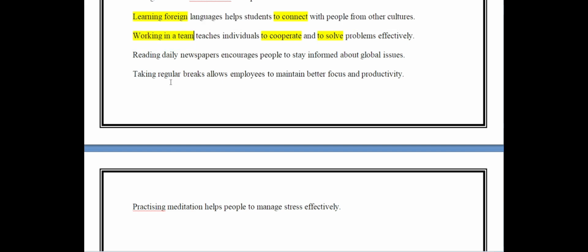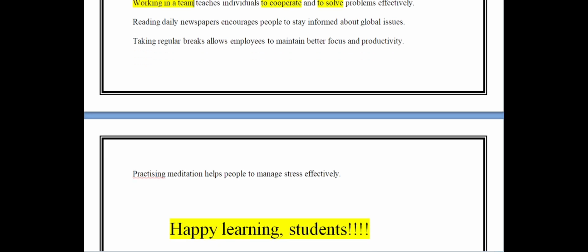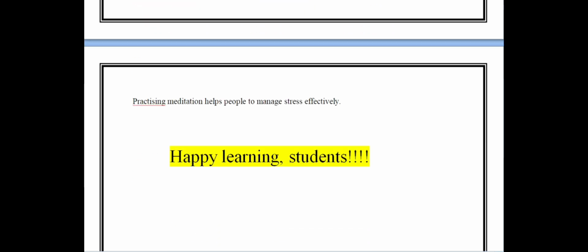It is working in a team, working being the gerund. Reading daily newspapers encourages people to stay informed about global issues. Taking regular breaks allows employees to maintain better focus and productivity. And practicing meditation helps people manage stress effectively.